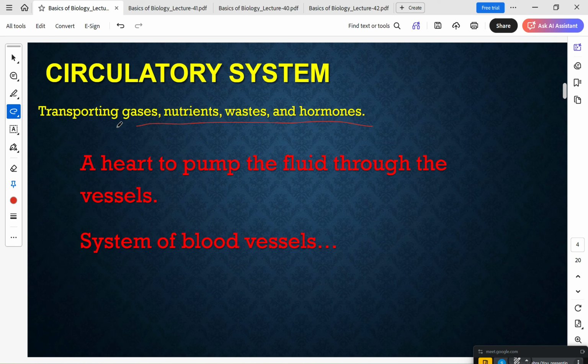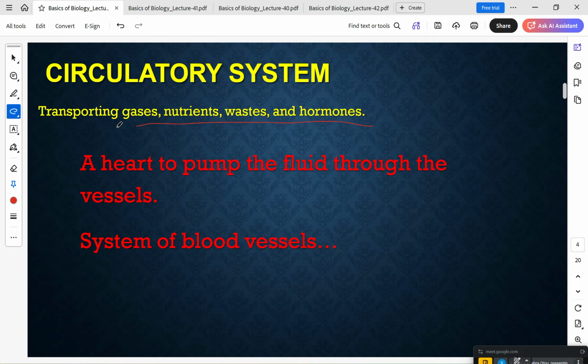The waste produced in different parts of the body needs to go to the excretory system, and whatever hormones are produced in different endocrine glands need to go to their respective places.